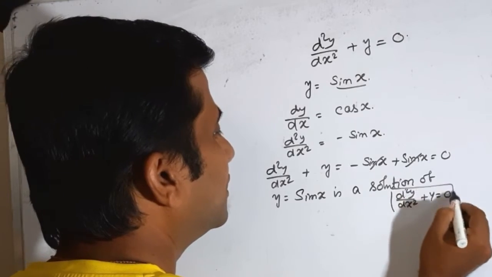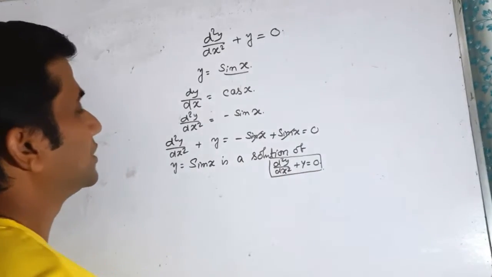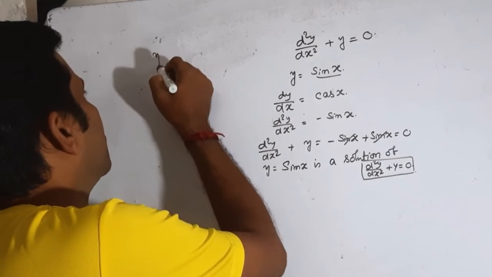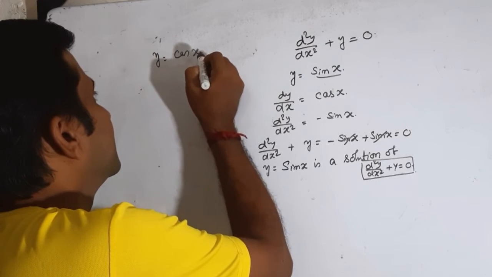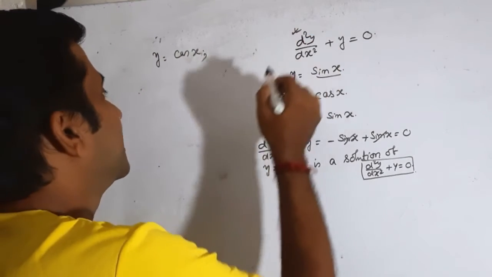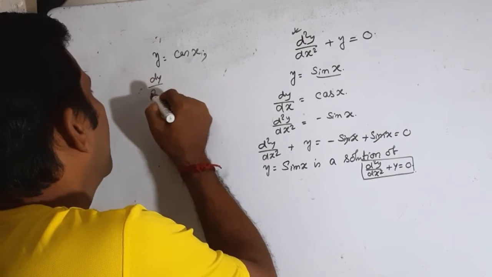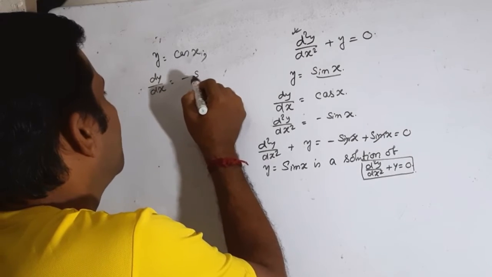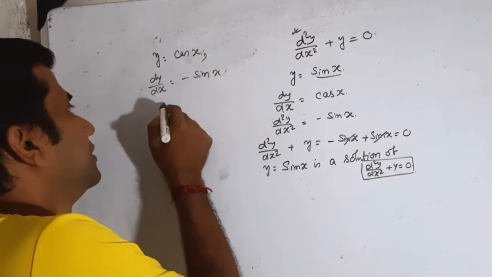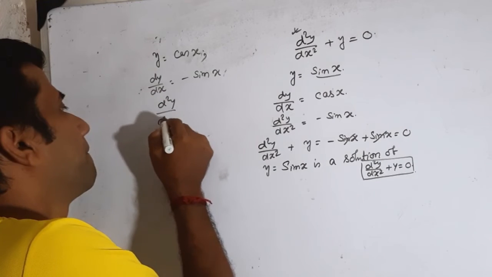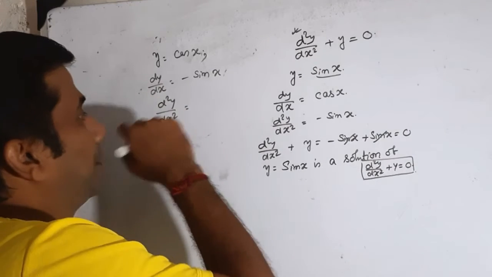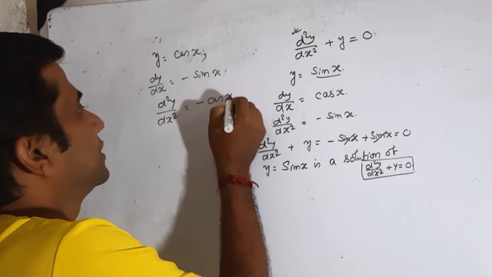This is the differential equation. We put y is equal to cos x in this equation. Now dy/dx is equal to minus sin x, and d2y/dx2 is minus cos x.